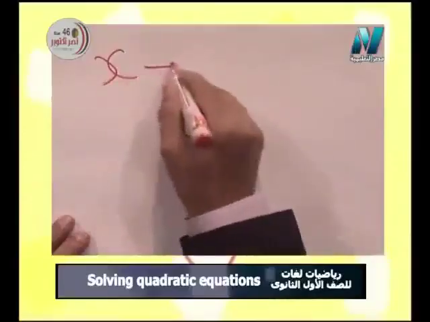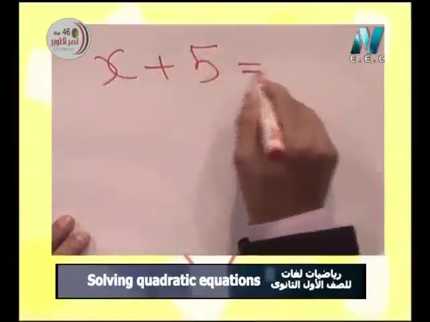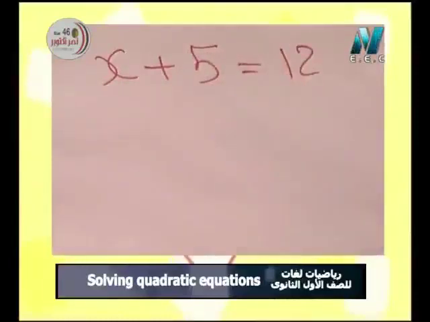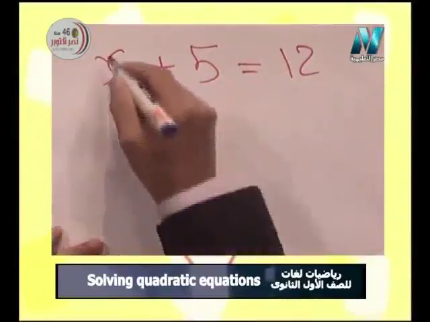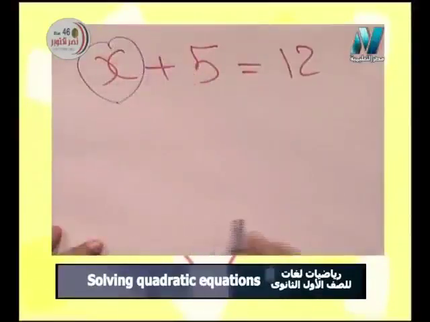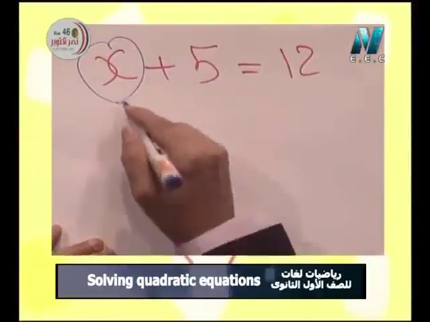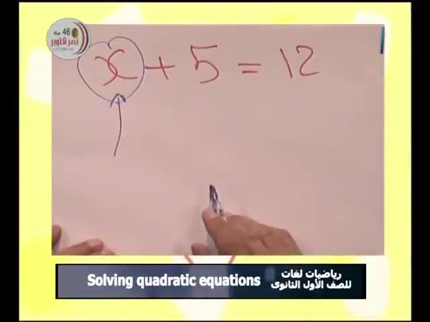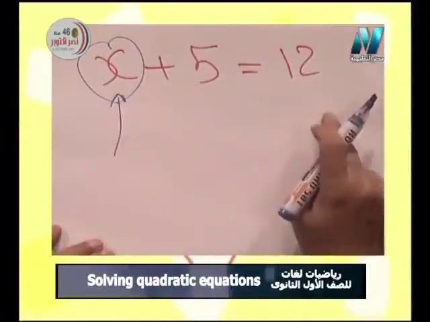Now we are going to study a new equation, which is x plus 5 equals 12. What is the meaning of solving equations? If we find the value of x here, we will solve the equation.